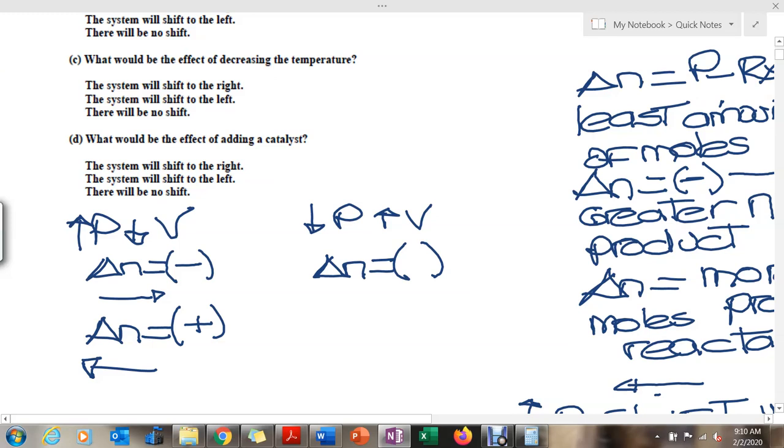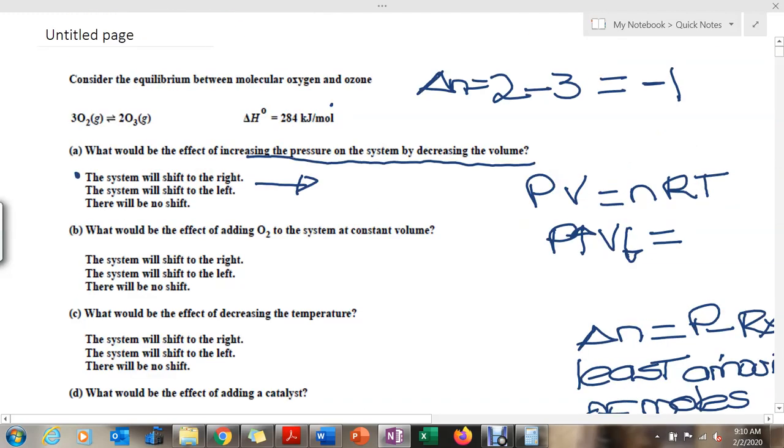If delta N is negative, what is going to happen? The opposite. The products will have the least amount, so it will go to the left, because it will go to the greatest amount of moles. And if delta N is positive, it will go to the greater amount of moles. It will go to the right. If you have that in mind all the time, it's going to be easy to see this change.